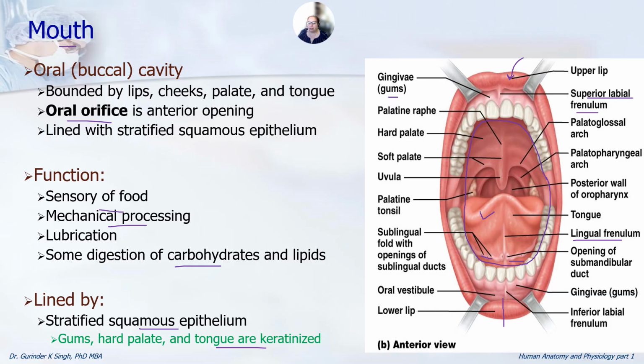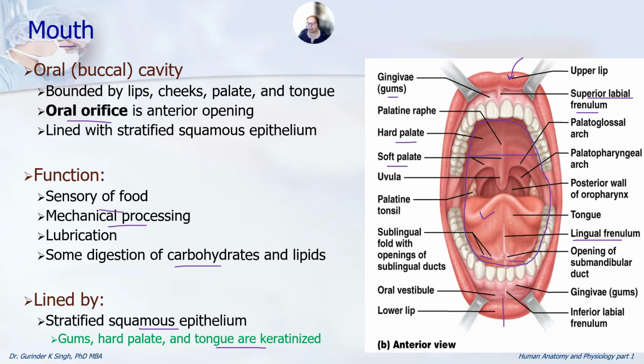Looking at the roof in the interior part of the mouth cavity, or buccal cavity, the roof is made by the palatine bone, and it's a hard palate. So the initial portion up to here is the hard part, and then behind it is the soft palate.